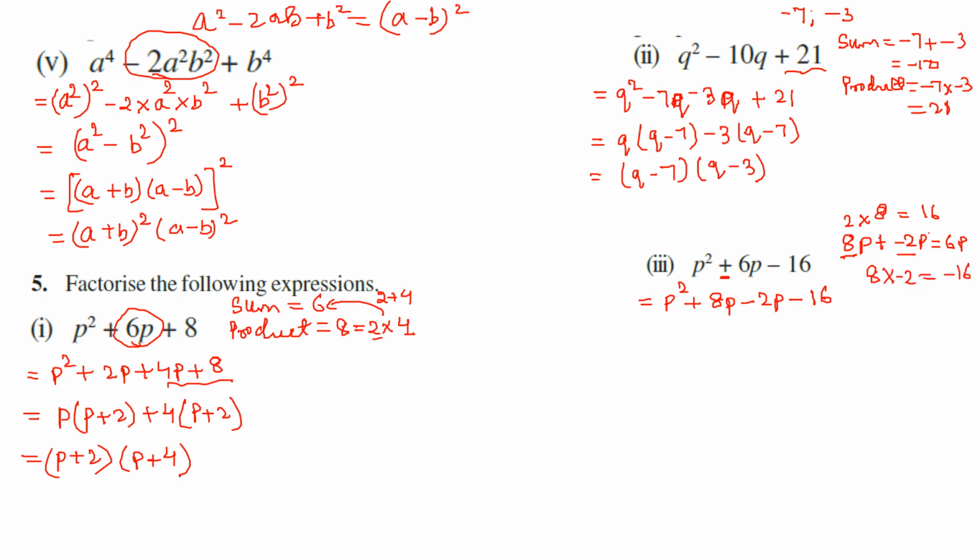So this is my middle term splitting. I have to split 6p as 8p minus 2p. Now I can take p common, so it will become p plus 8. From the second term, I can take minus 2 common, so it will be again p plus 8. So at the end, if I take p plus 8 common, because it is present in both the terms, I will be left with p minus 2. So this is the factorization.